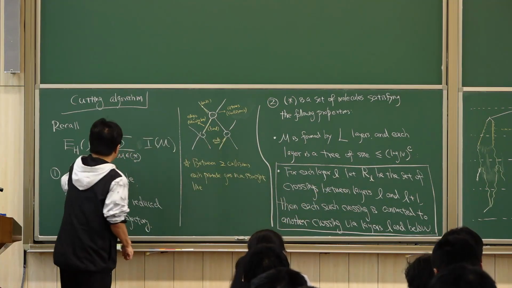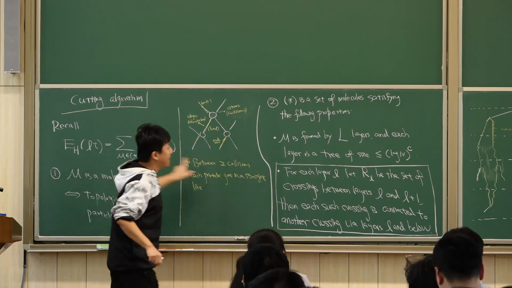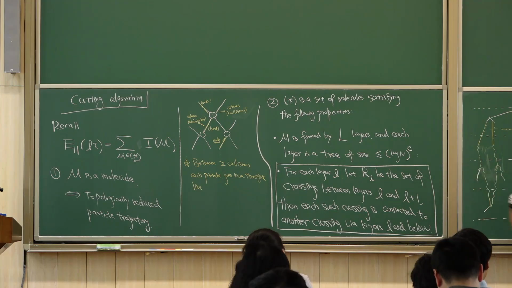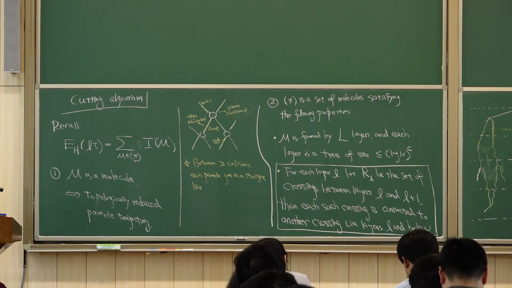Okay, so let's explain what M is, what this sum is, and what I_M is. Let me first copy down what Xiao wrote last time. Essentially, it is epsilon to the minus d minus 1, times this integral.